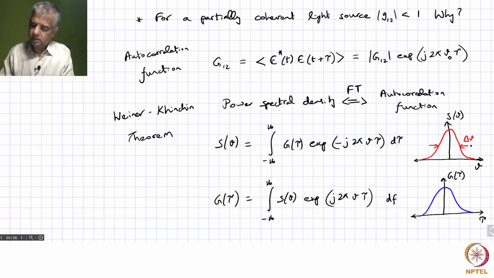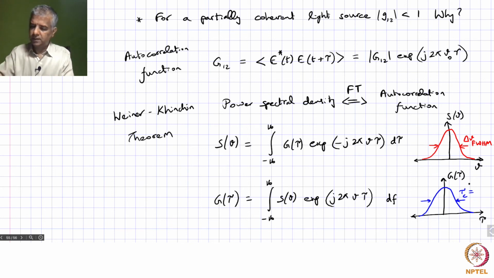So, the interesting part here is if you look at the spectral width, let us say the full width half maximum of your spectral width, that will have some relationship with the coherence time, the full width half maximum of this autocorrelation function.